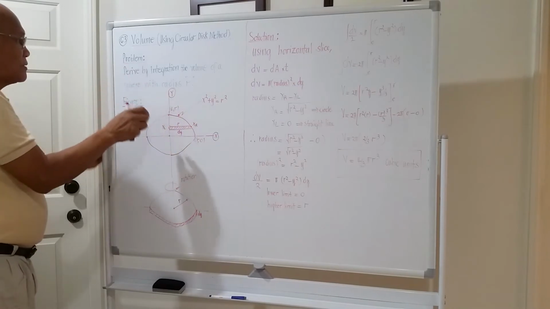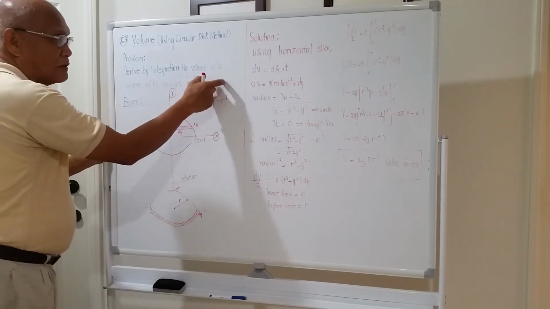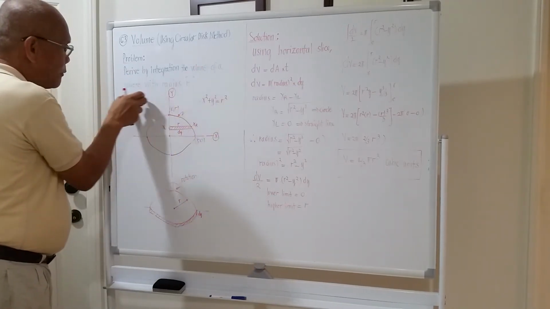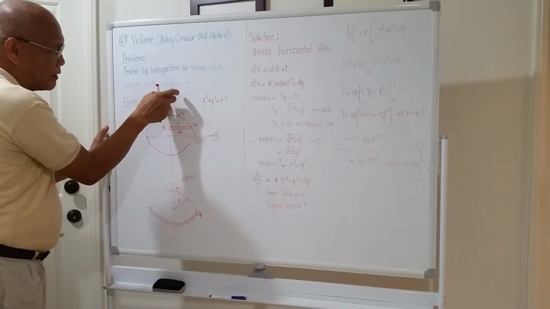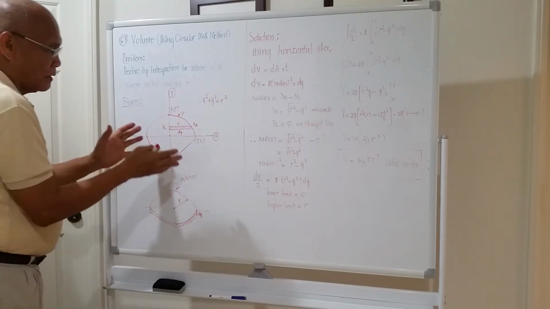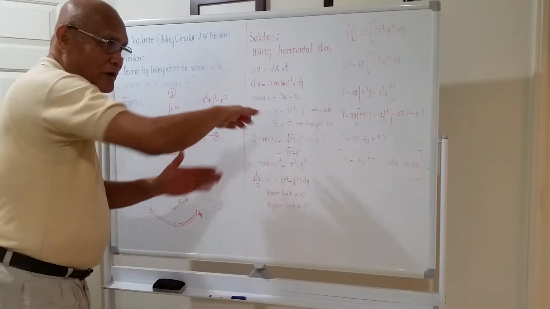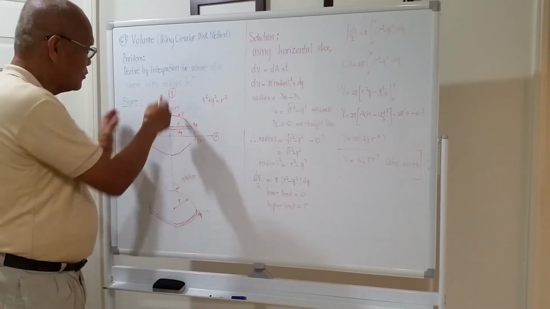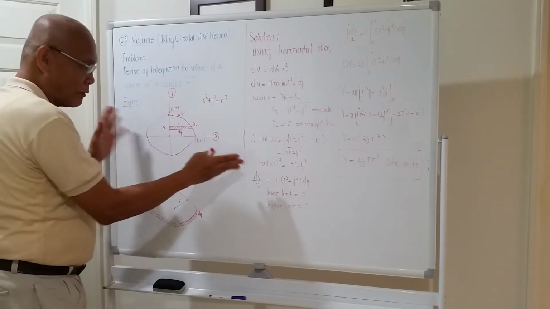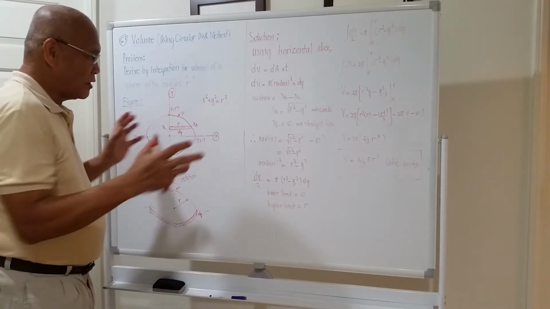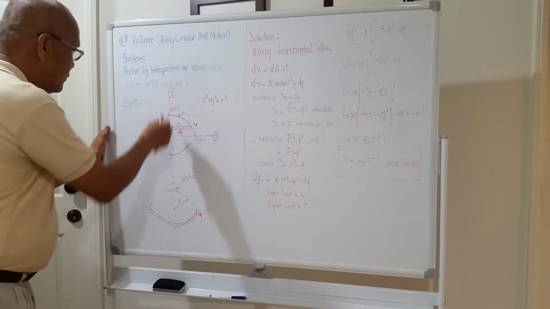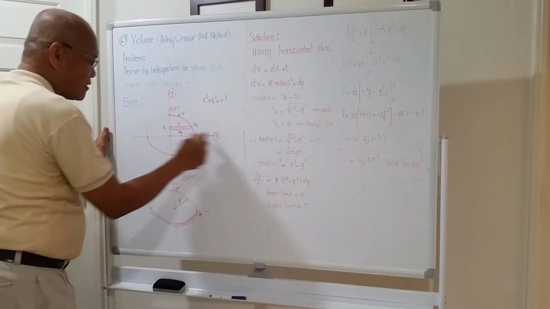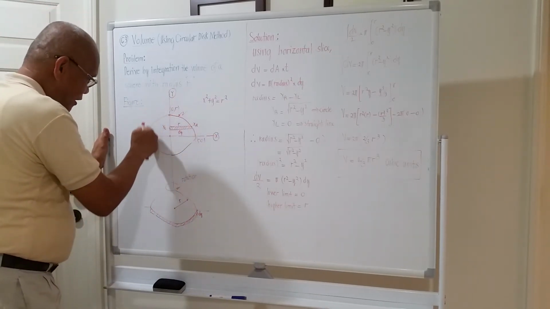The problem is: derive by integration the volume of a sphere with radius r. We have a sphere and the radius is designated by r. If we figure out our sphere on the Cartesian coordinate system, with the y-axis and x-axis, we draw a circle.